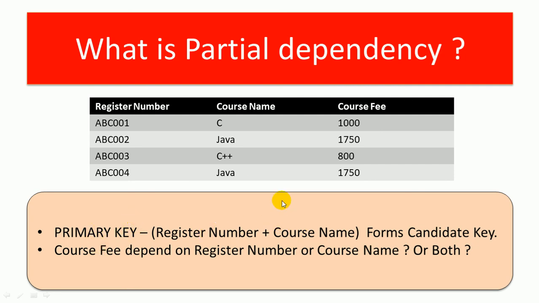For example, let us take ABC001. Can we assume that all the course fees of ABC001 will be 1000? Definitely not, because ABC001 can do a course on C, and likewise ABC001 can do a course on Java also. So the course fee does not depend on the student, but on the course name.